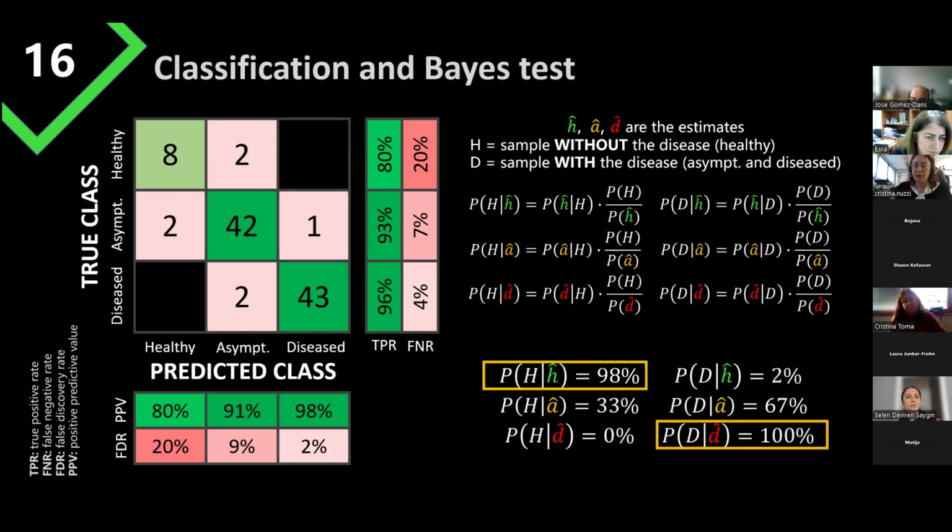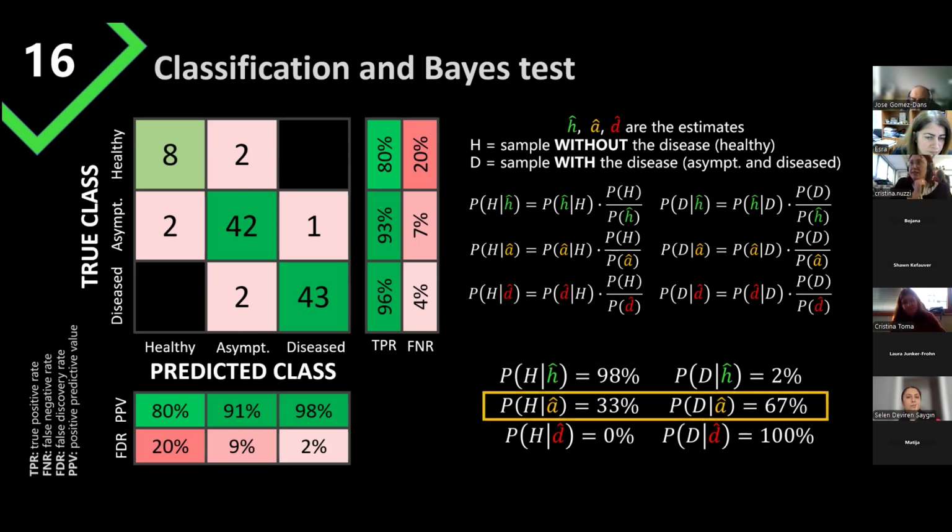But for the asymptomatic samples that we want to classify as diseased because they are, there is still some room for improvement, because the probability of detecting an asymptomatic sample as diseased is just 67%. So there are a few misclassifications that will be improved in the future.